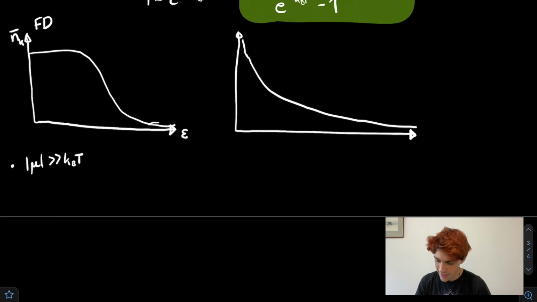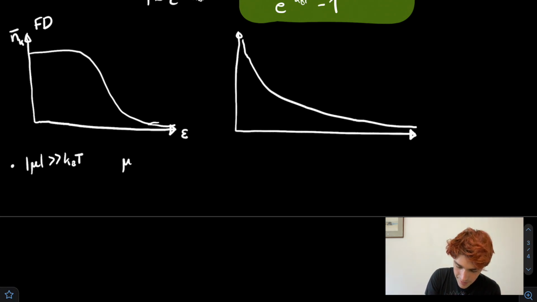Well, we find that in the limit, the term inside both exponentials becomes very, very large. So mu over kBT is very large, and this is going to become a highly dominant term for large chemical potentials. What happens when you raise e to a large number?